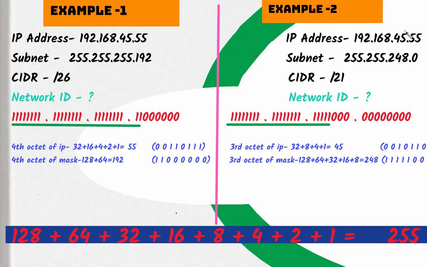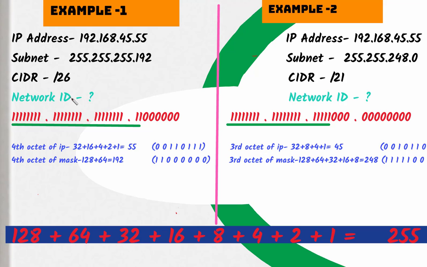Now it is very clear for us. Here, 192.168.45.55 I have taken, and the subnet I have taken is 255.255.248.0, and for this 248 we know the CIDR notation is /21. So now our job is to calculate the network ID for these 2 examples.